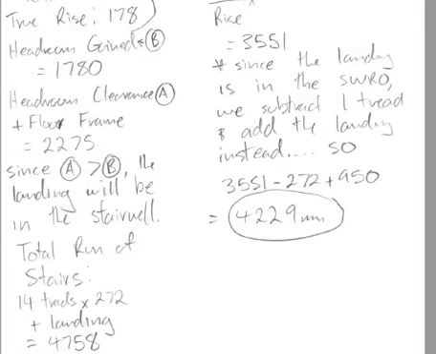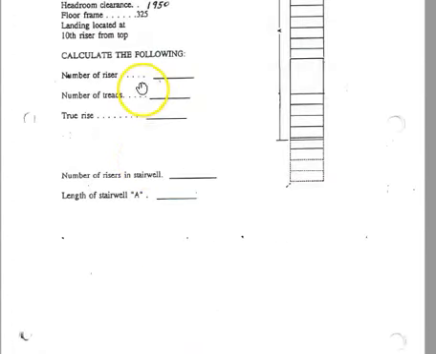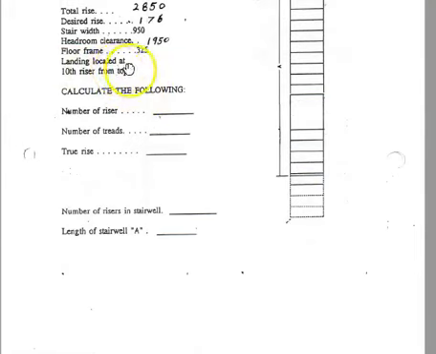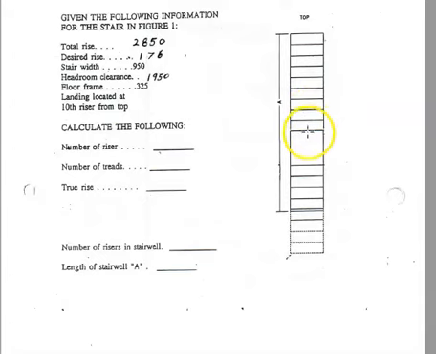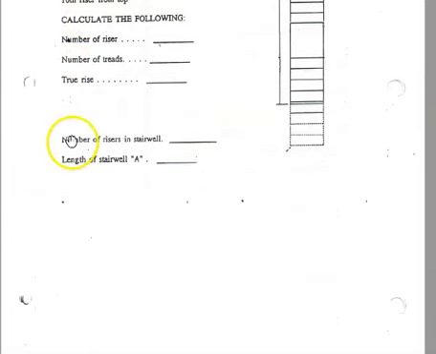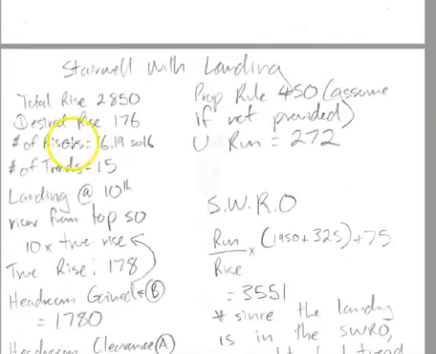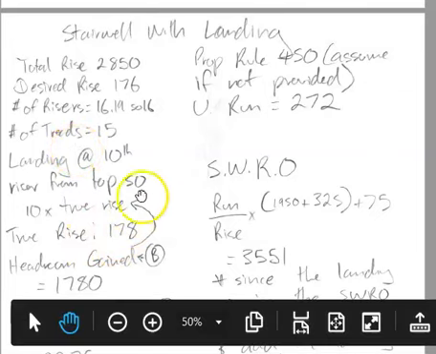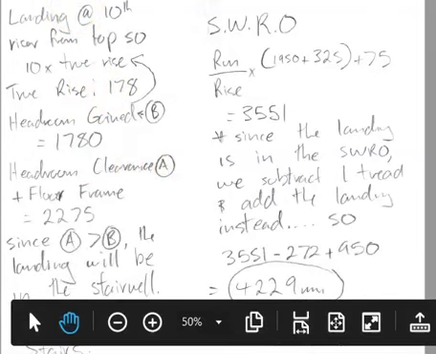Okay, first of all, the sheet says this landing is located at the 10th riser from the top. So from the landing, there should be 10 rises above it. And that will tell us where this sits in relation to the total rise. So we'll take 10 and multiply that by our true rise, which is 178, and we get 1780.